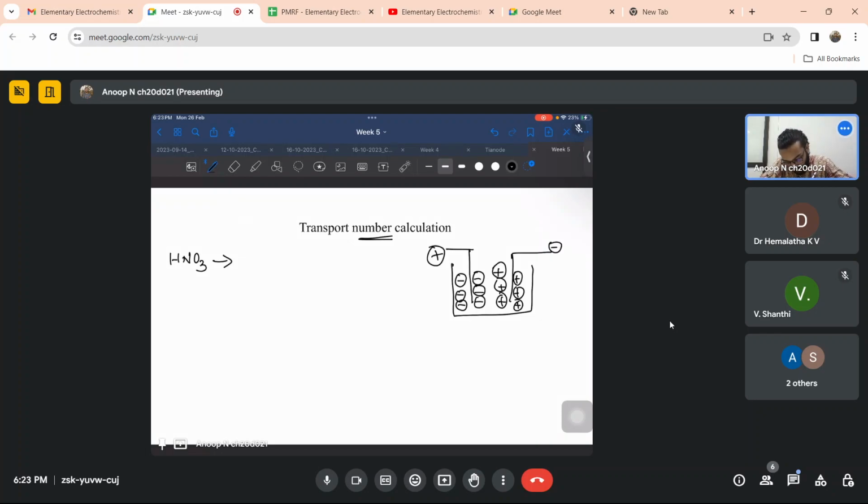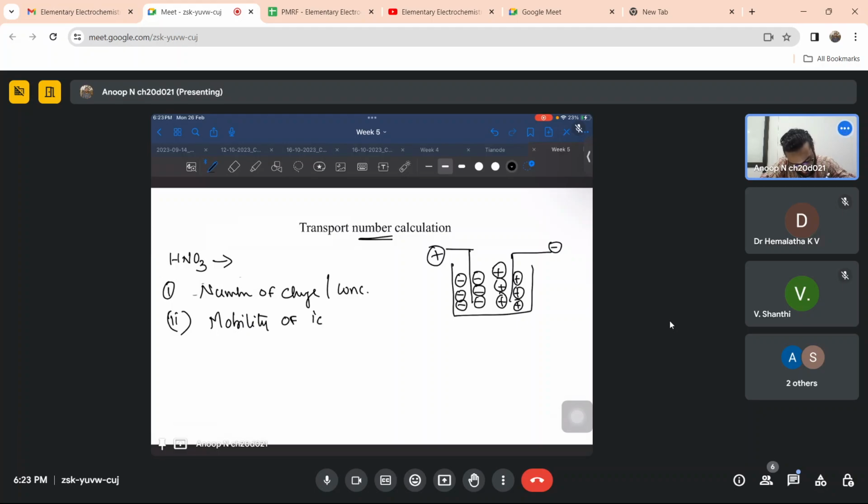One factor is the charge or number of charges, or concentration, and it will also depend, as we have seen already in the liquid junction potential, on another term called mobility of ions.